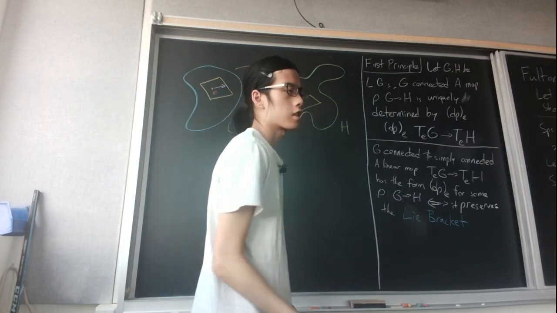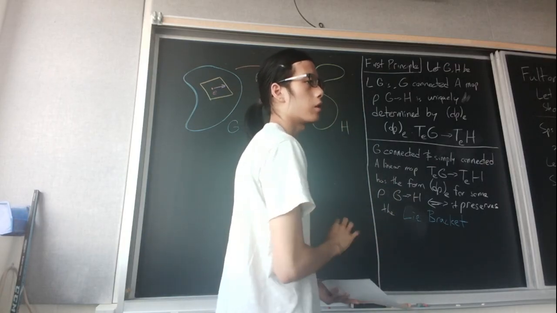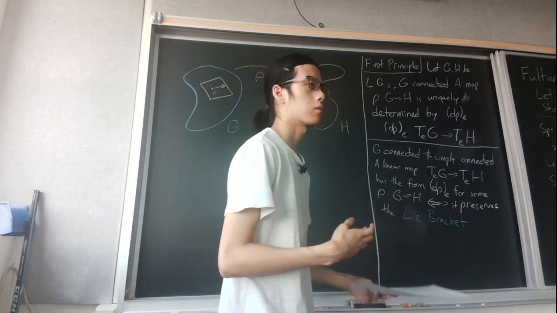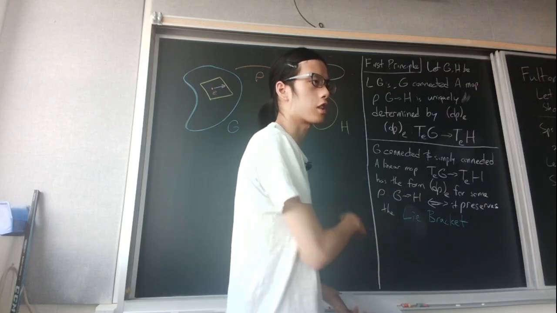So this Lie bracket is basically going to be something that we can put in the tangent space that will tell us everything we need to know about the group for this kind of purpose.